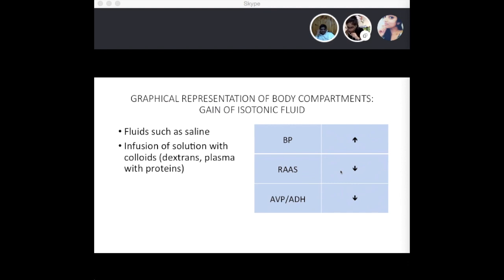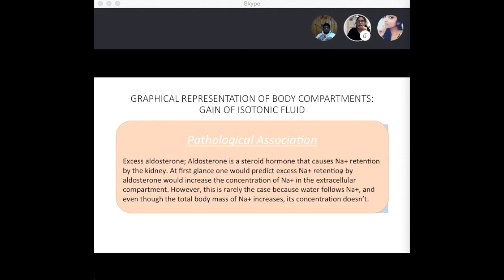Okay, so the pathology in this patient could be that they have excess aldosterone. And as we know, aldosterone is a hormone that's going to cause sodium retention by the kidney. So at first glance, we could think that there's excess sodium retention by aldosterone, and hence increasing concentration of sodium in the extracellular compartment.